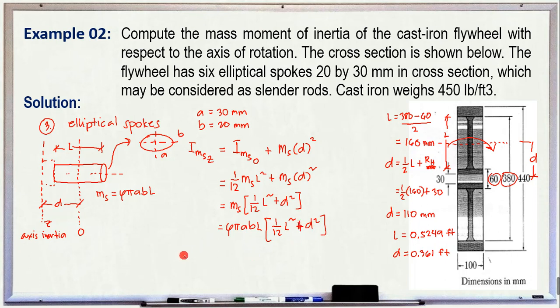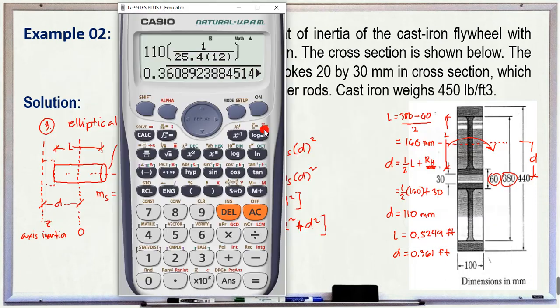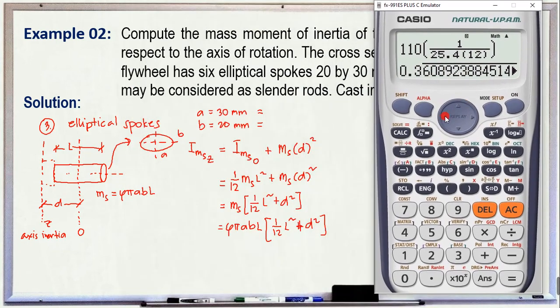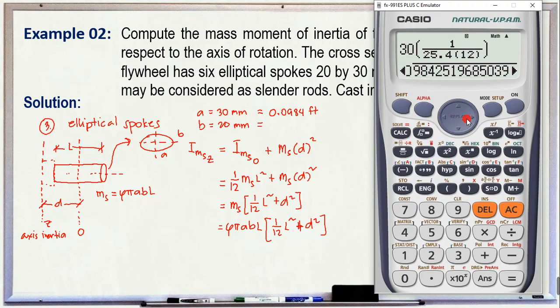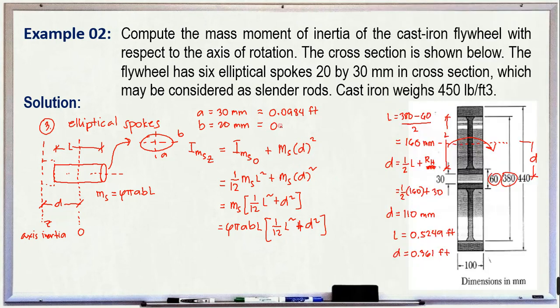Substituting the values, our A and B still need to be converted into foot. So going back to our calculator, we have 30, so 0.0984 foot. Then our B, that is 20, we have 0.0656 foot.